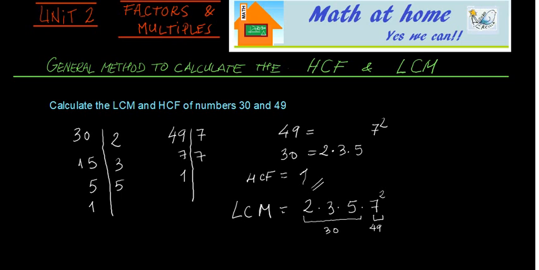When the highest common factor is 1, the lowest common multiple is normally the product of the two numbers. So 30 times 49 equals 1470.